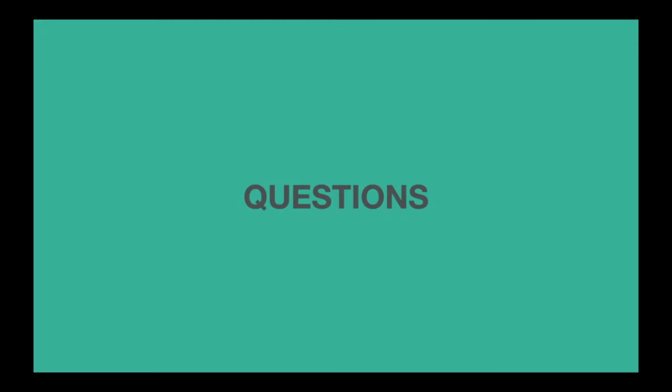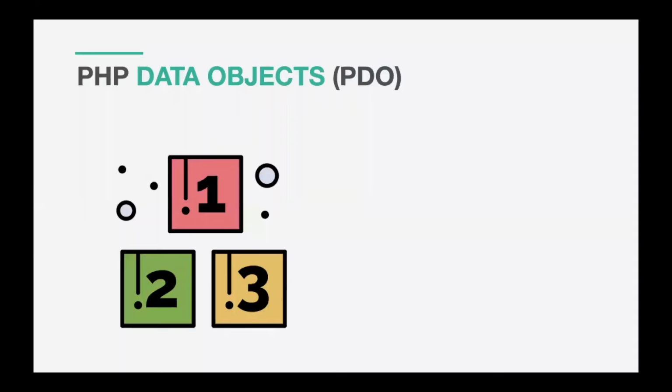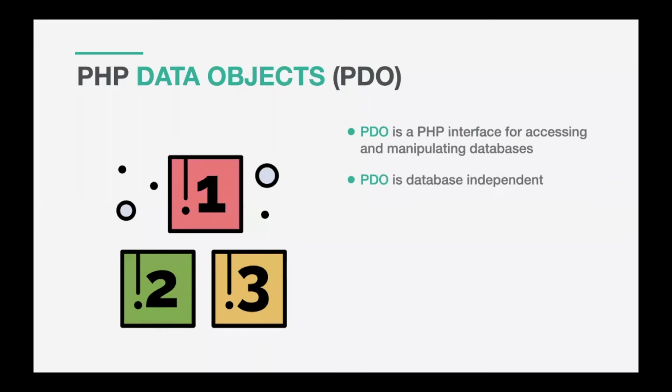All right, so if there's no questions, we'll go ahead and get started with our lecture, which is PHP Data Objects. All right, so PHP Data Objects, or PDO for short, is a PHP interface which allows us to access and manipulate databases. And it is independent of its database. So what that means is that it doesn't matter which database we're talking about, we will still use PDO, and we'll use the same PDO methods and commands regardless of the database we're using.